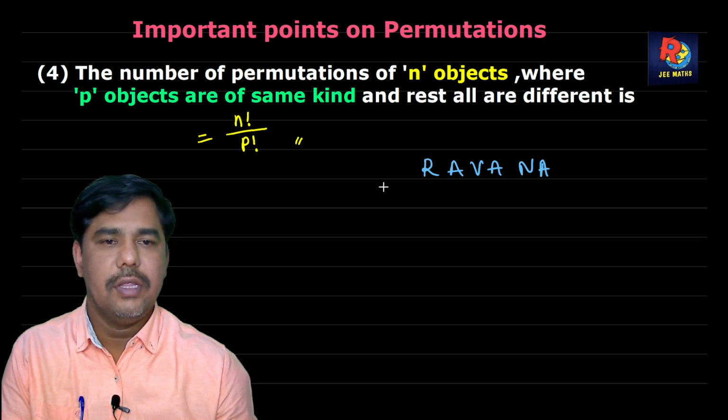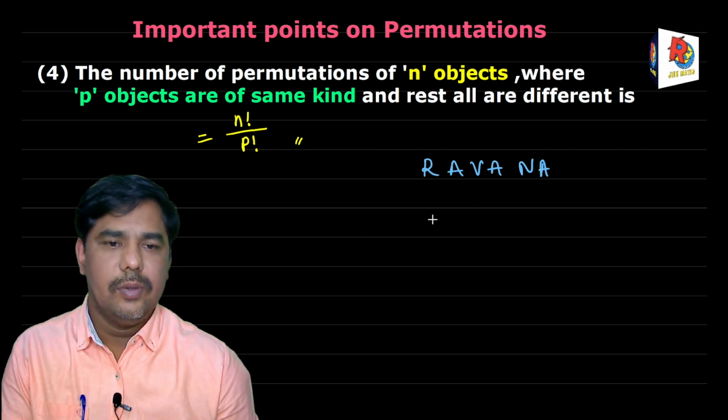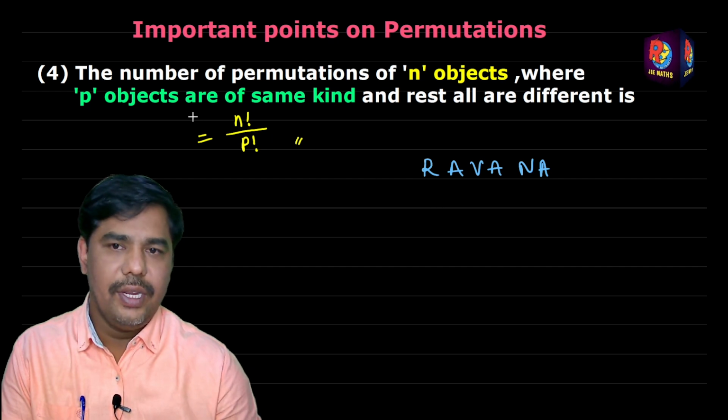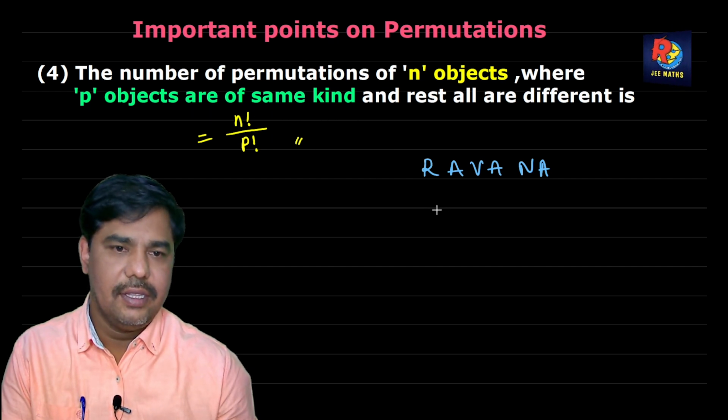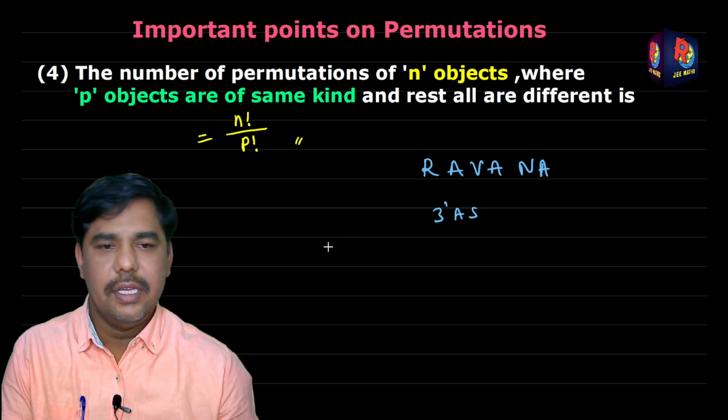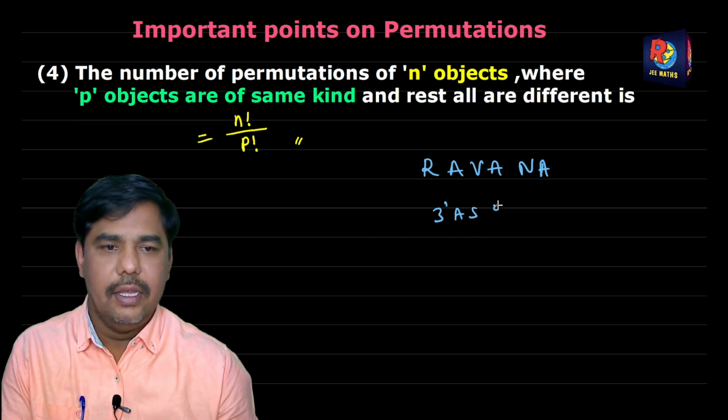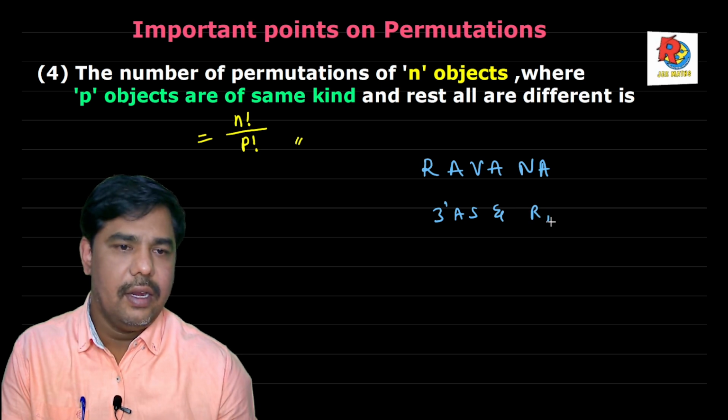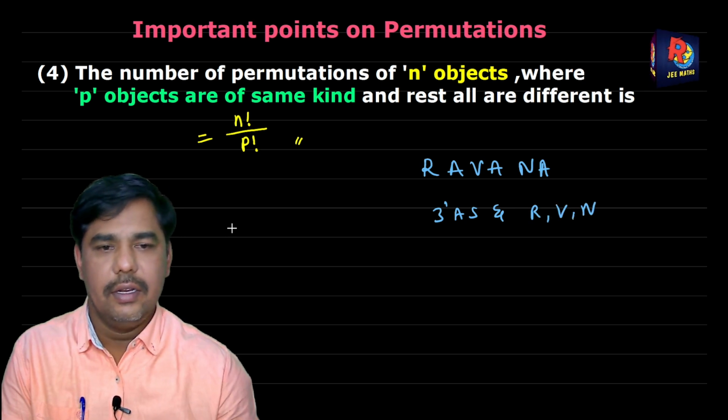Observe in this RAVANA: how many A's are there? How many of the same kind of A's? 3 A's are there, and the remaining are R, V, N.